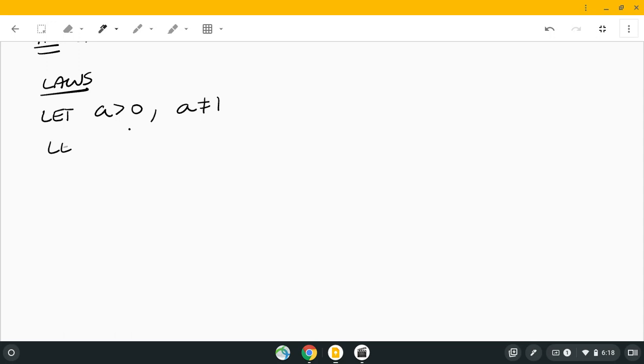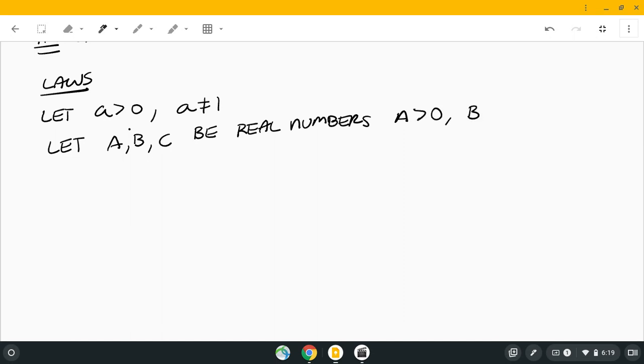And also let's let A, B, and C be real numbers, as opposed to imaginary numbers, where A is greater than 0 and B is greater than 0. If these conditions hold true, then we have the following laws.